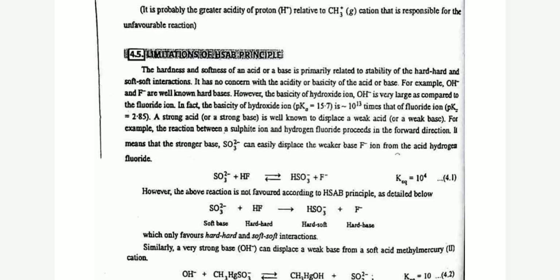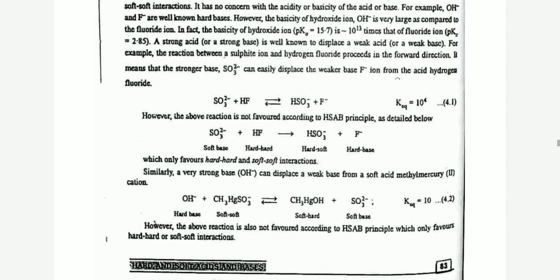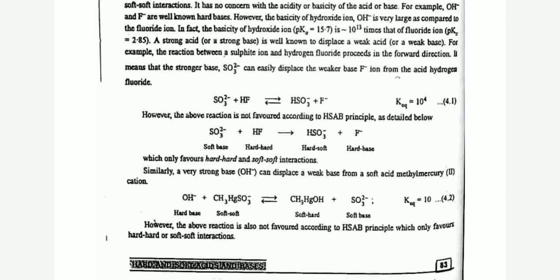For example, the reaction between a sulfite ion and hydrogen fluoride proceeds in the forward direction. It means that the stronger base SO3²⁻ can easily displace the weaker base F⁻ ion from the acid hydrogen fluoride. However, the above reaction is not favored according to the HSAB principle as detailed below.